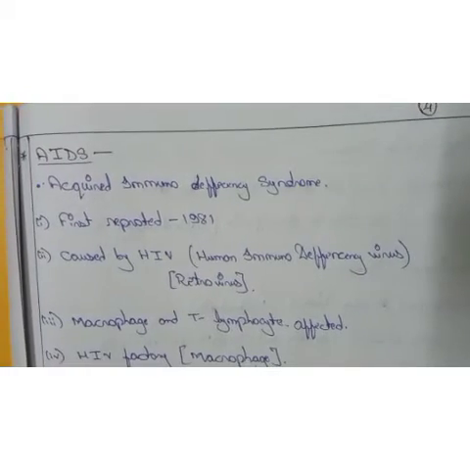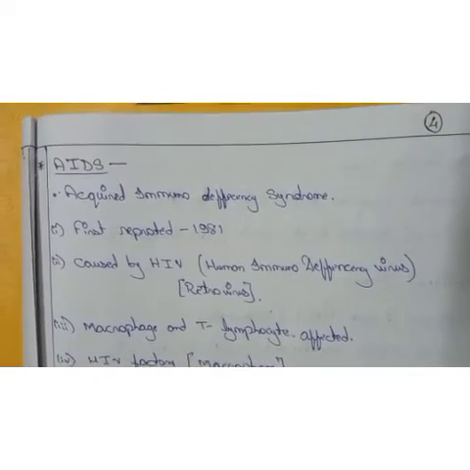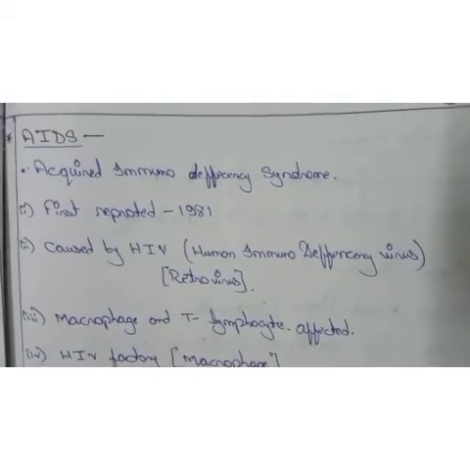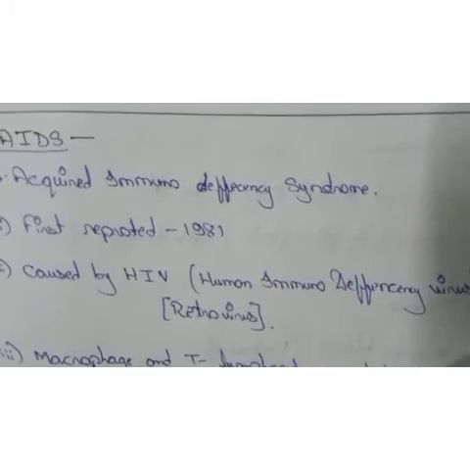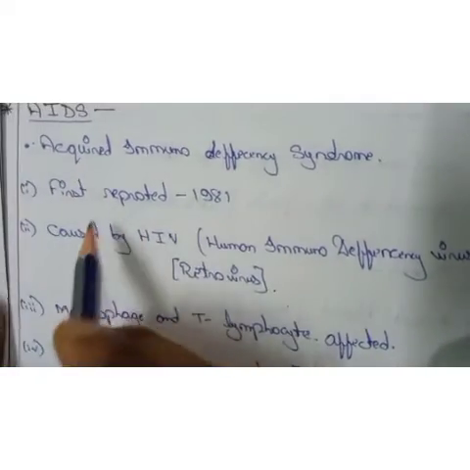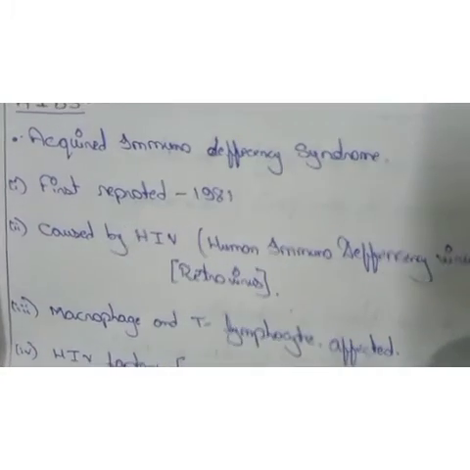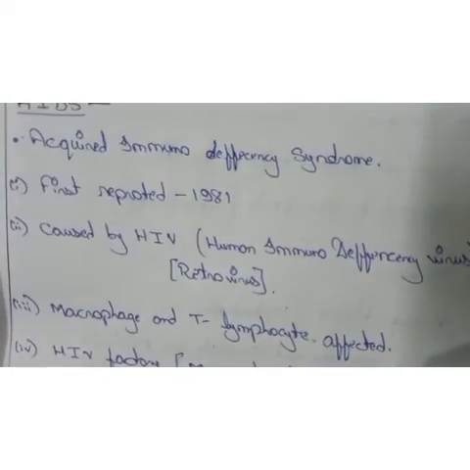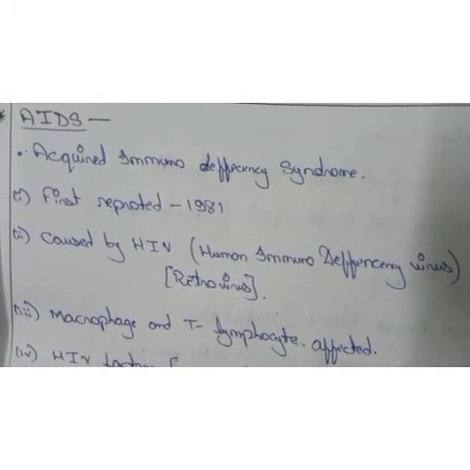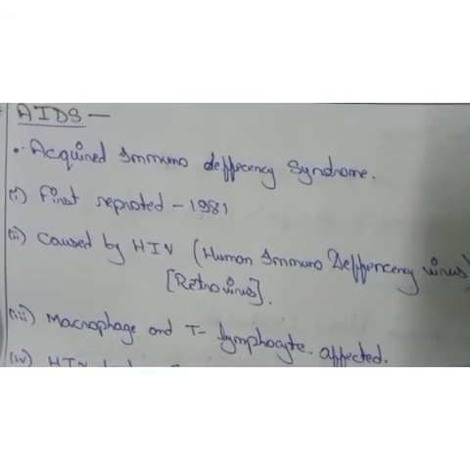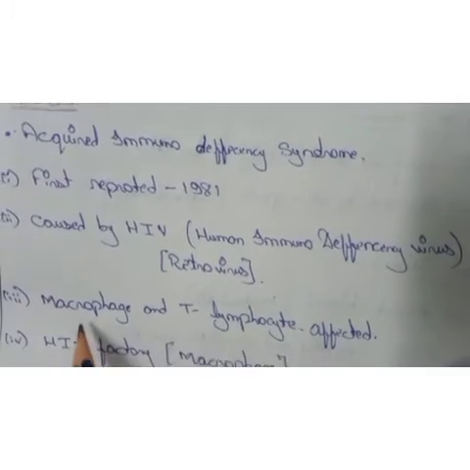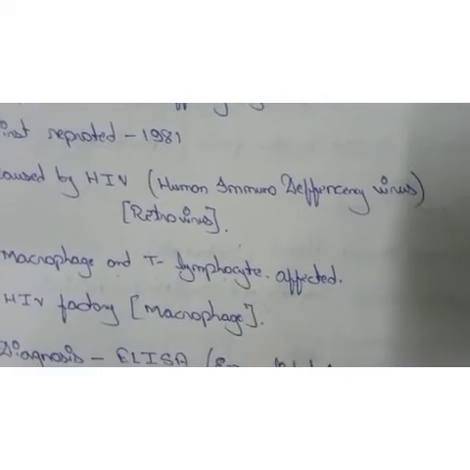So our next most important disease is AIDS. The full form of AIDS is acquired immunodeficiency syndrome. AIDS was reported by scientists in 1981. Its causative agent is the HIV virus, meaning human immunodeficiency virus, a retrovirus. Macrophage and T lymphocyte are affected.